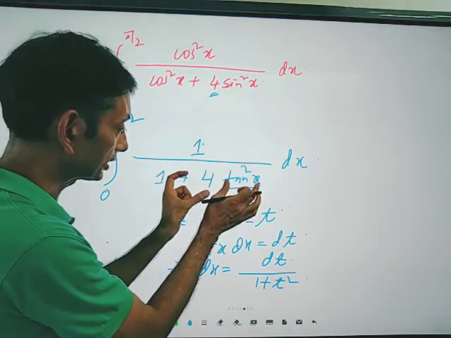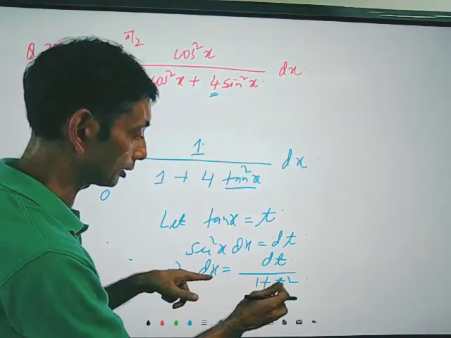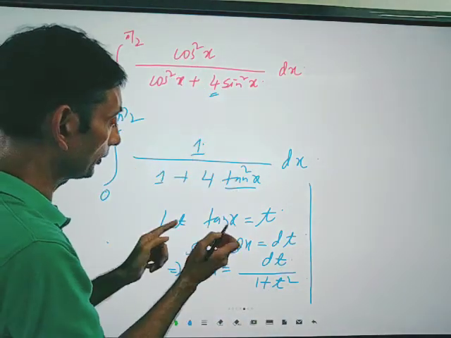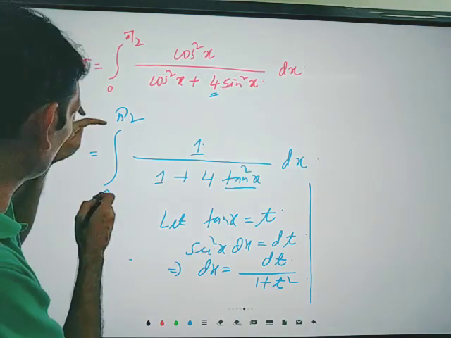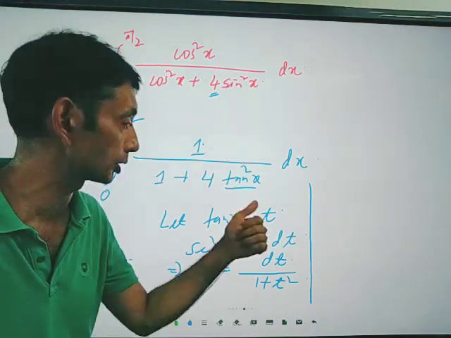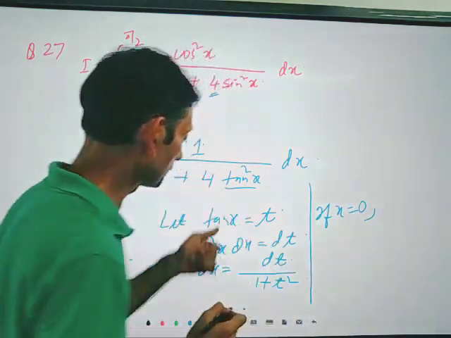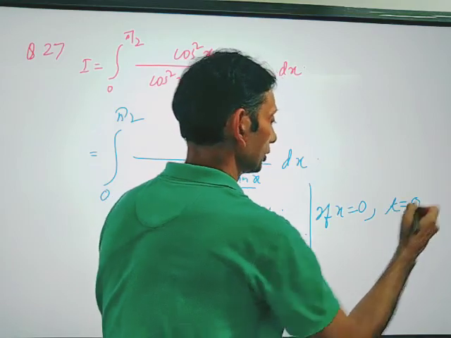In this tan square x, tan x will be substituted by t, and we got the value of dx in terms of t. Next, since we are using a new variable t, the limiting values 0 and pi by 2 also have to be written in terms of t. If x equals 0, then tan 0, that is t, equals 0, because tan 0 is equal to 0.